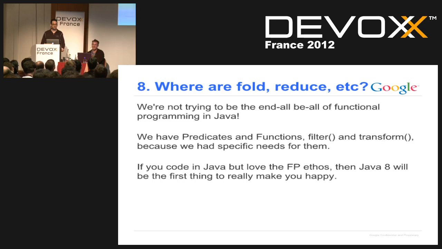The answer is that there are libraries out there that are really trying to solve functional programming for Java. We're not one of those libraries. We added the types that we had a need for, and then we've pretty much cut it off there. We strongly believe that nothing is really going to make functional programming work nicely in Java until we finally get our JDK 8. And so we've put the brakes on continuing to add more functional features.